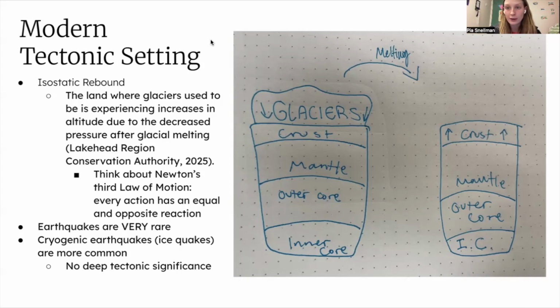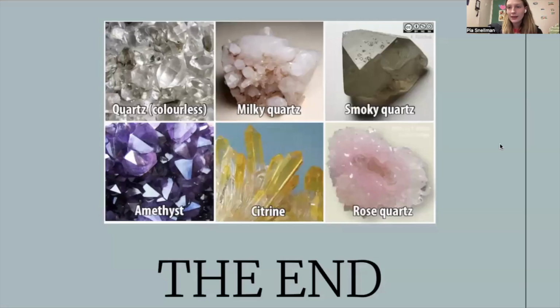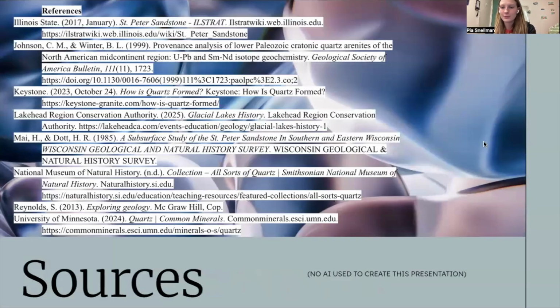This often happens with our lakes that we have in Madison, but they're not very studied because they occur very randomly and in very select areas. And these earthquakes have no tectonic significance. The end. Here are my sources, and I also did not use AI to create this presentation.